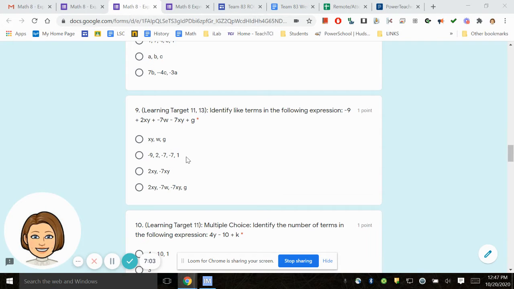Second one, negative 9, 2, negative 7, negative 7, 1. Third one, 2xy and negative 7xy. The last one, 2xy, negative 7w, negative 7xy, g.